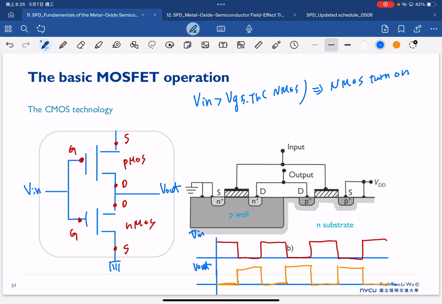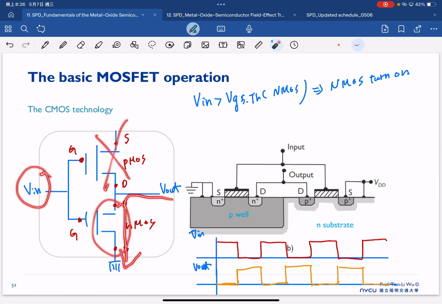So once our NMOS FET turns on, this will turn on, this will be off at V in high, which is V in larger than VTH. So then you have a current flow in here. So that means we can start to have a V out.